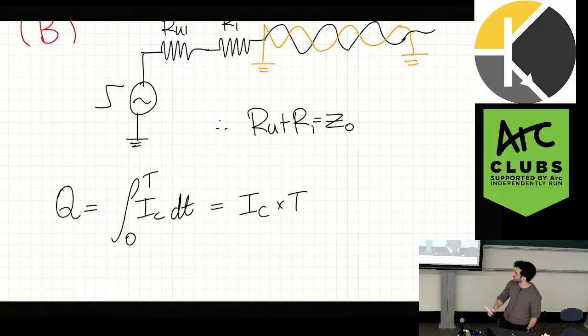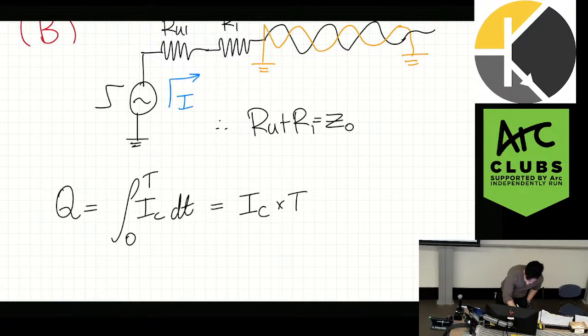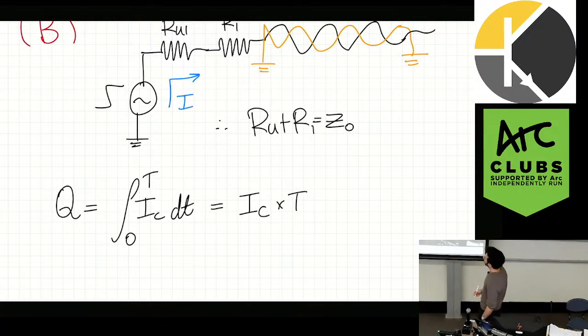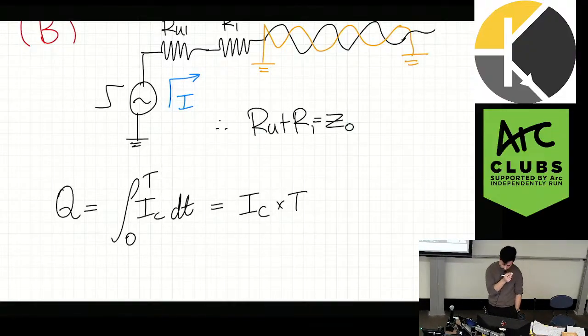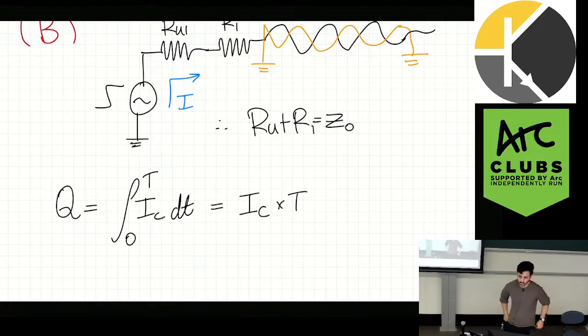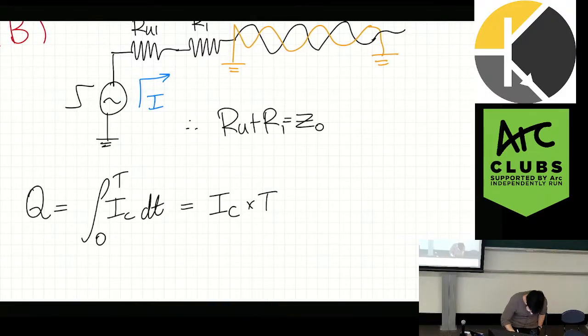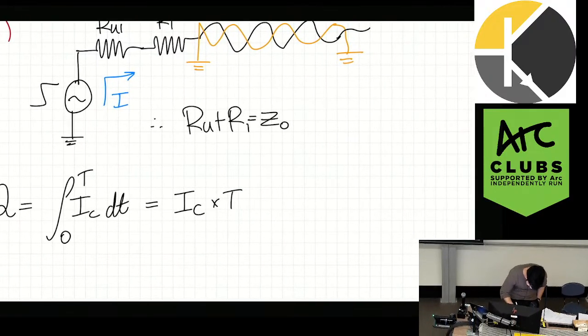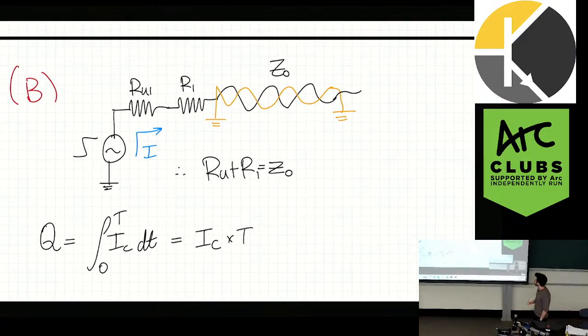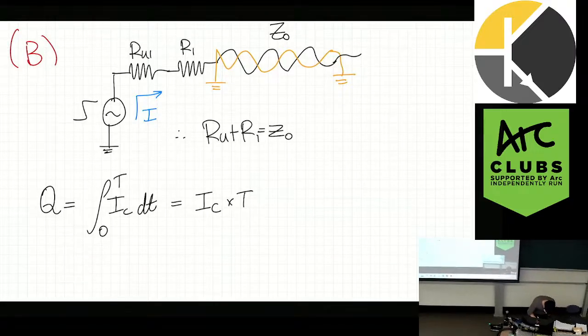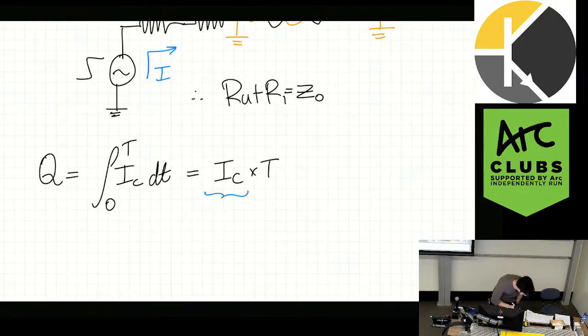And the reason we needed to calculate the impedance is because we needed what this current was. That current there, that current I. And that current I is just going to be, what's the current going to be? It's just the voltage divided by in brackets RV1 plus R1 plus Z0. Good, good. So the current going in is just going to be the voltage.